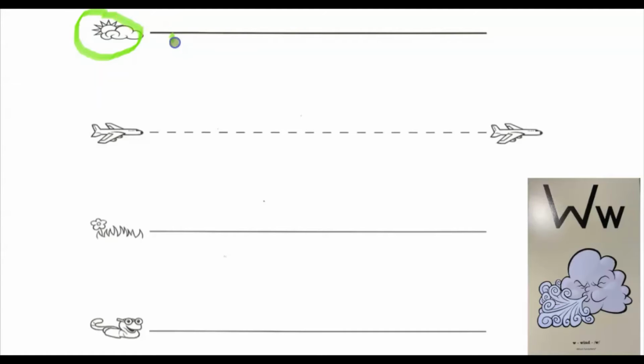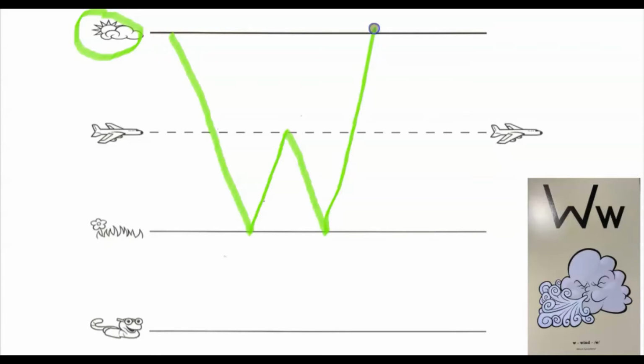Skyline, slide down all the way past the plane line to the grass line, point, slide up to the plane line, point, slide from the plane line back down to the grass line, point, and we're going to slide up past that plane line all the way to the skyline. Now your teacher's going to pause the video and you're going to practice uppercase W's.